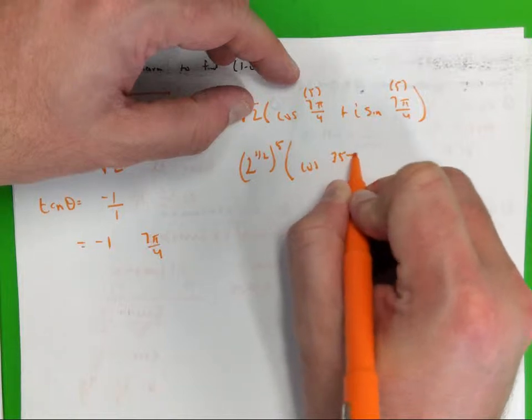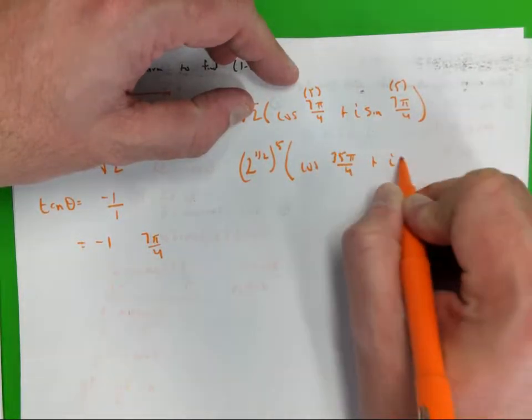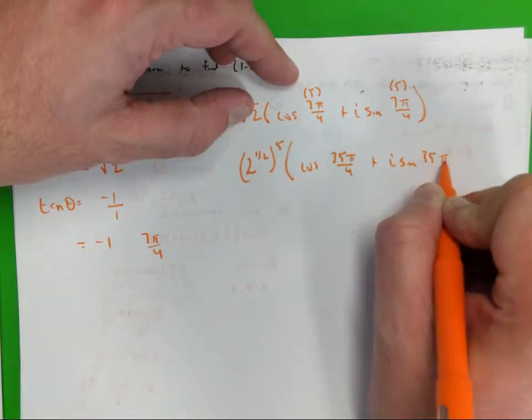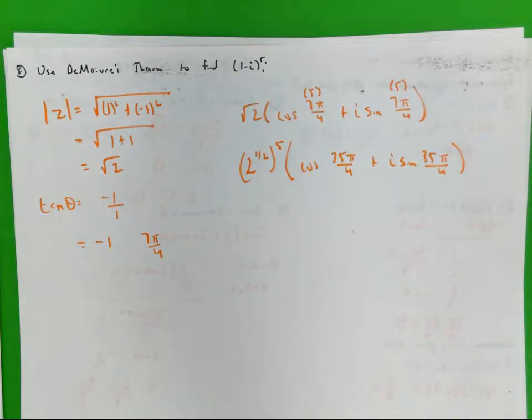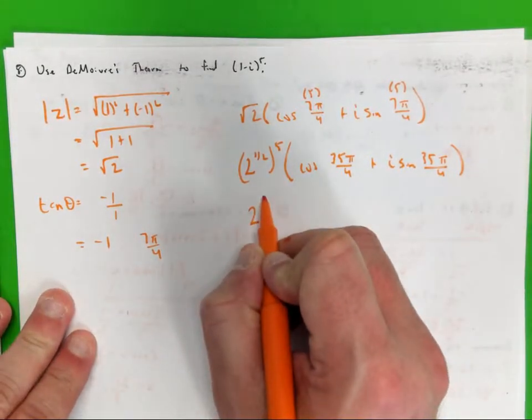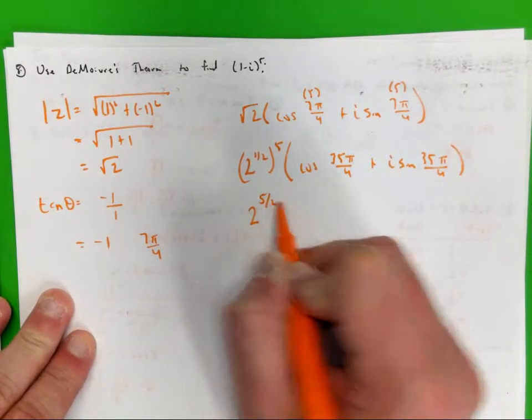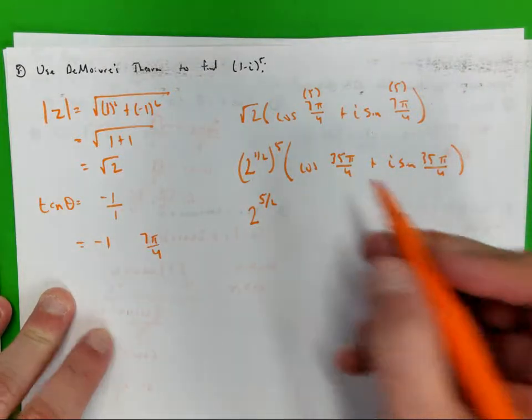So that's going to be 35 pi over 4 plus I sine of 35 pi over 4. Now when I have a power raised to power, I need to multiply, don't I? Okay?